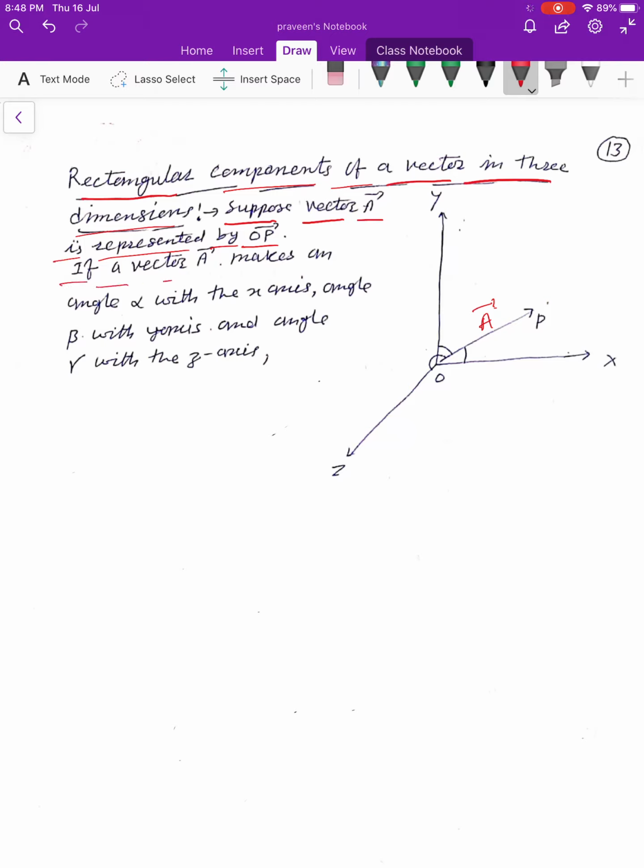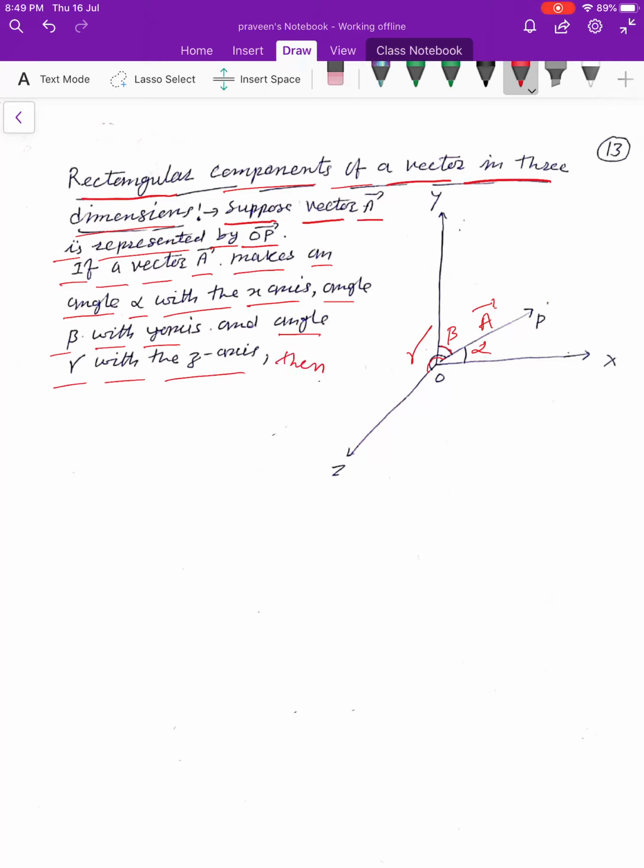If the vector makes an angle alpha with the x-axis, here it is angle alpha, angle beta with the y-axis, here angle beta, and angle gamma with the z-axis, here angle gamma. Clear?